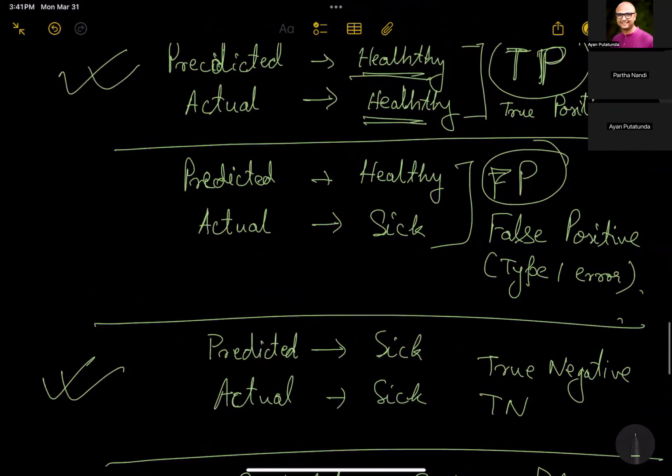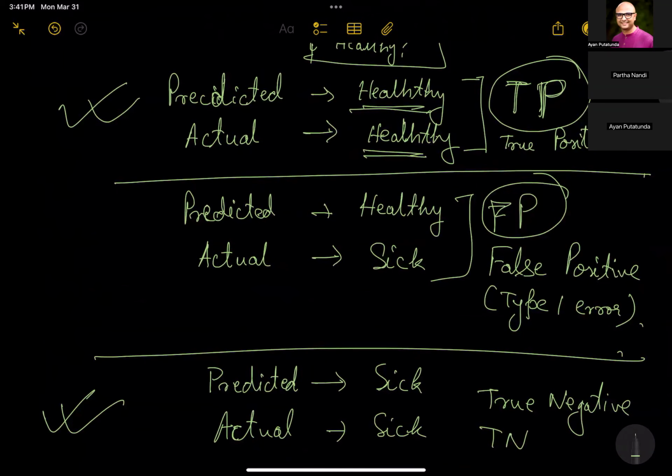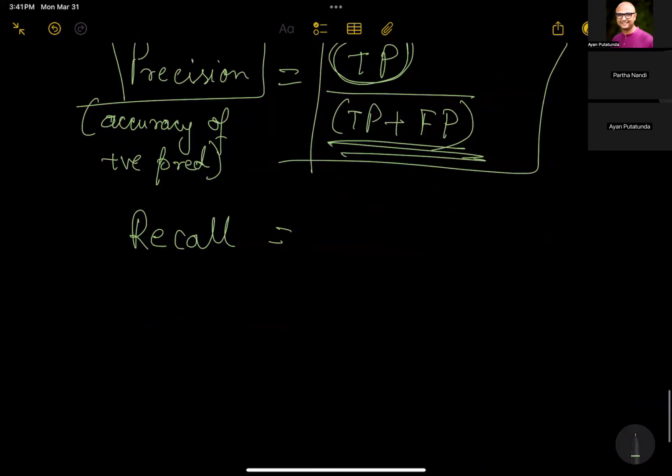These two are the only correct predictions: true negative and true positive.